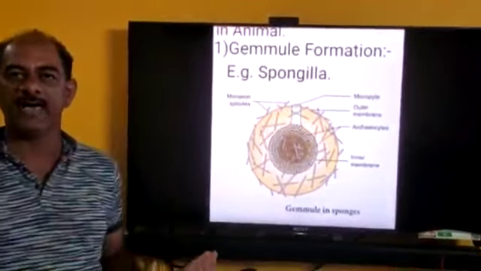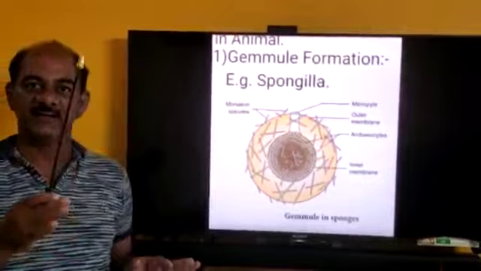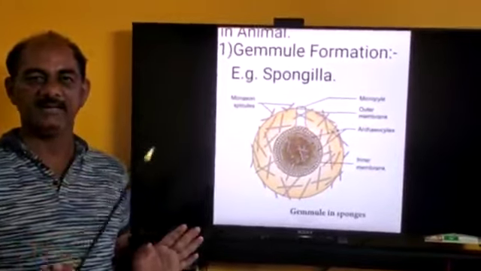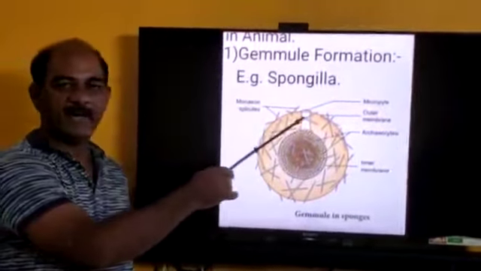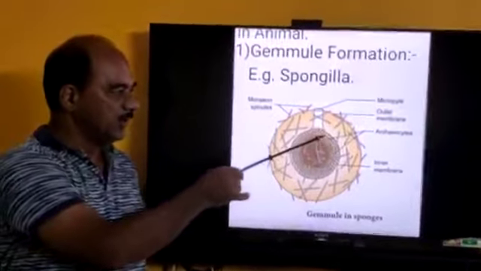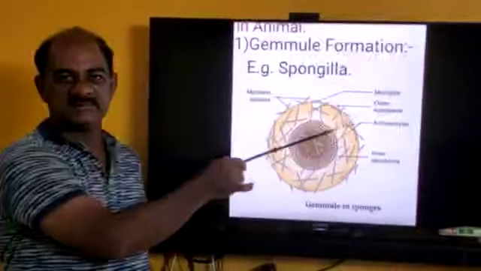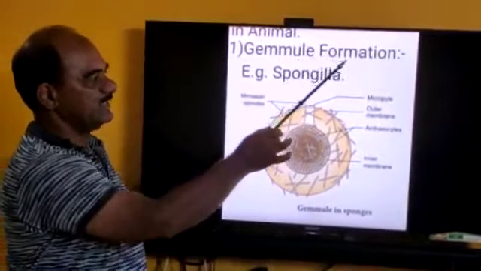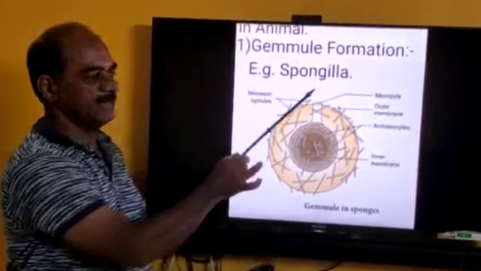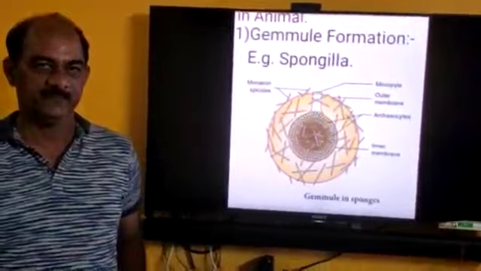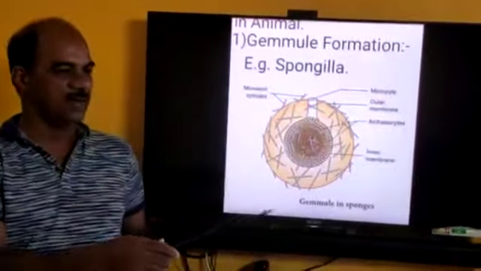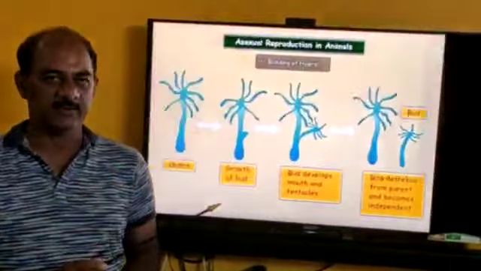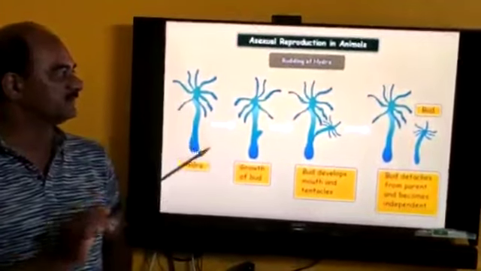There is no requirement for another parent. It involves only one parent and only one type of cell, the archaeocytes. That type of formation is called gemmule formation. An example is Spongilla. So this is the first method of asexual reproduction, gemmule formation.